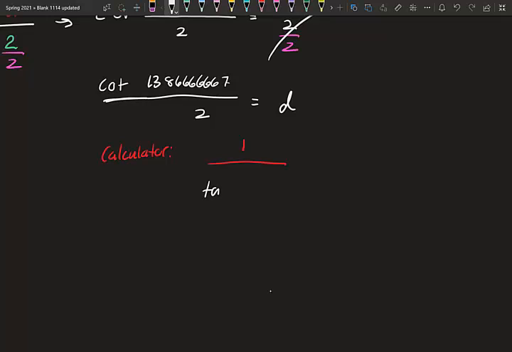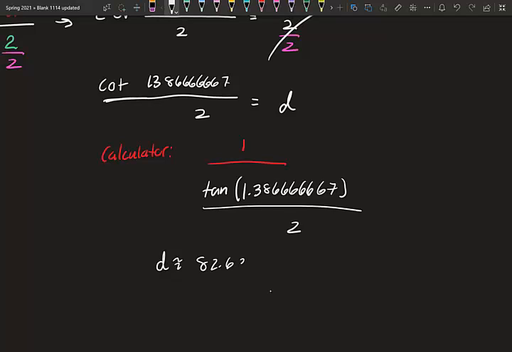So we'll have 1 over tangent of 1.386666667 over 2. We plug that into our calculator and we get d is approximately 82.622000828, and we're talking about centimeters.